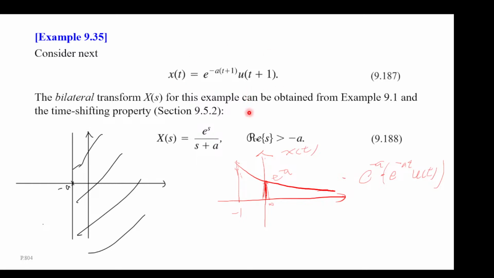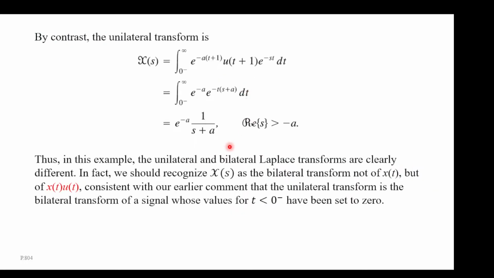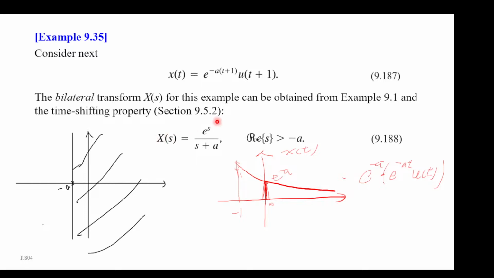In this example, the bilateral Laplace transform you can get from the time shift formula, so you get an e to the s factor. But for the unilateral Laplace transform, you get an e to the minus a factor. So e to the minus a is different from e to the s.